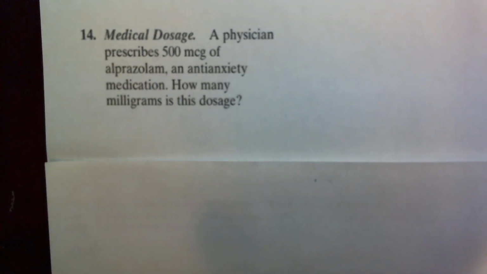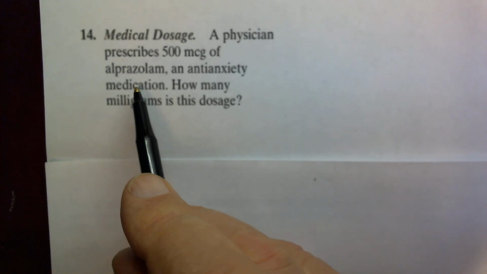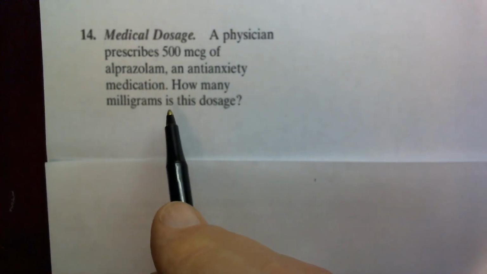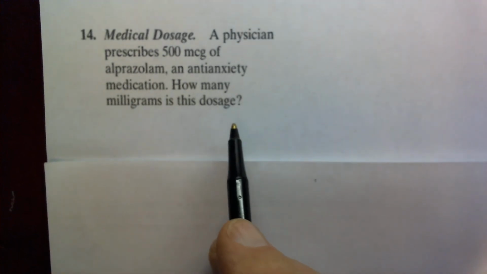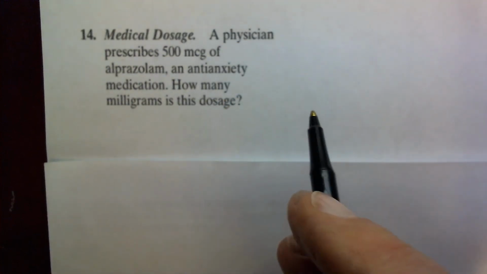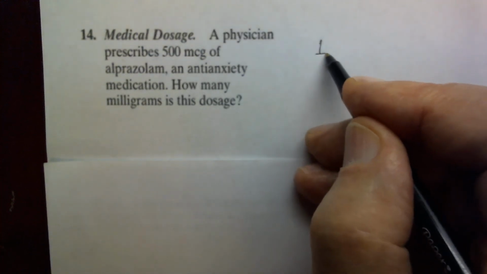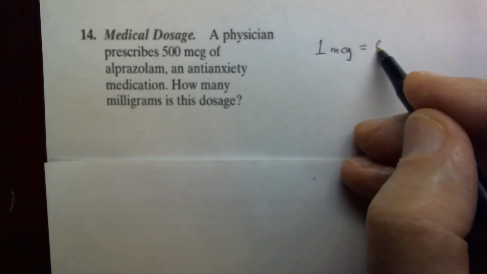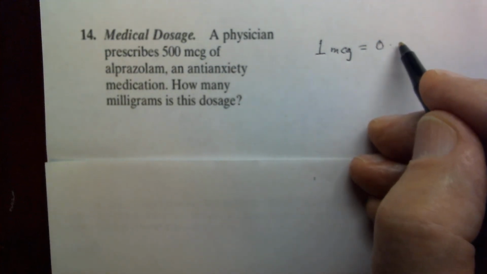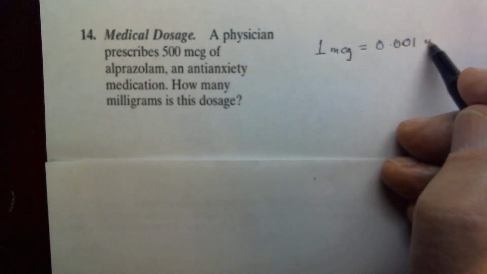In number 14, a physician prescribes 500 micrograms of alprazolam, an anti-anxiety medication. How many milligrams is this dosage? From the previous example, number 13, we found out that 1 microgram equals 0.001 milligrams.